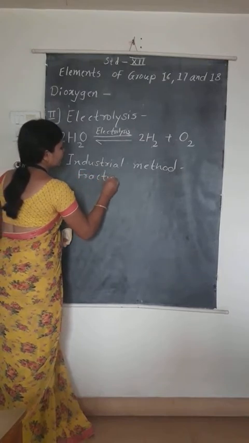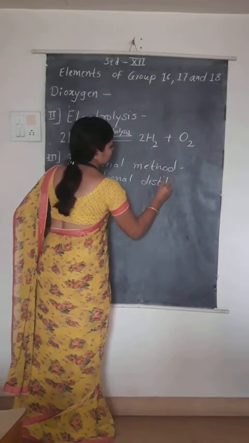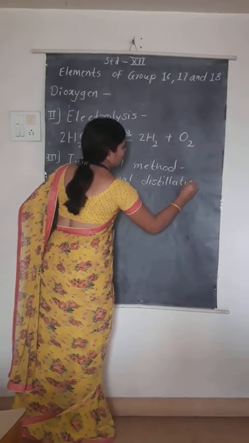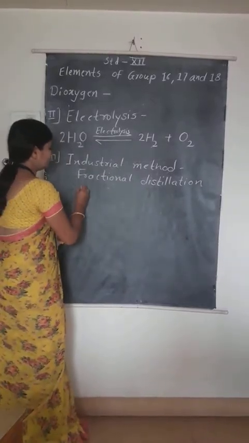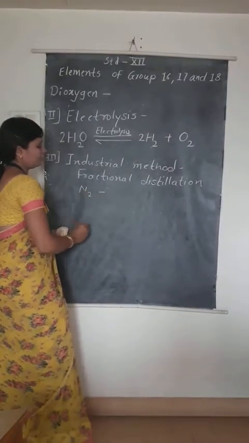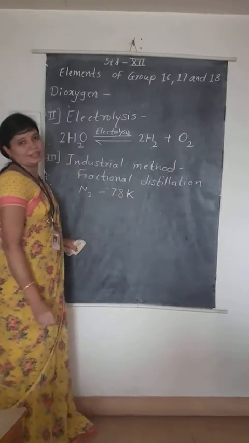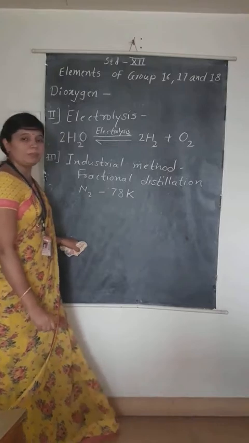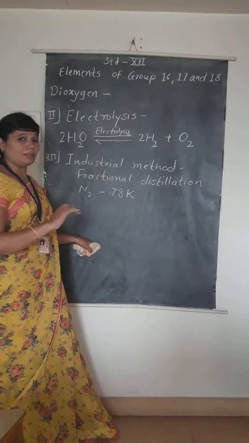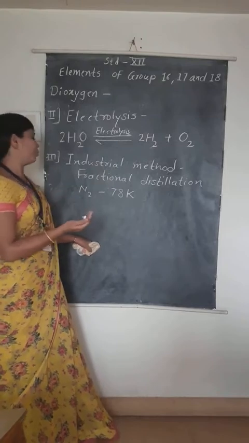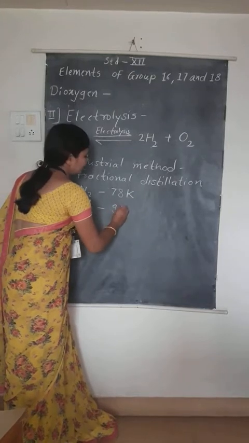So, in industries, dioxygen is prepared by fractional distillation of air. As nitrogen has a boiling point of 78 Kelvin, it distills out first, leaving behind the liquid oxygen, which has a somewhat higher boiling point than nitrogen, that is about 90 Kelvin.